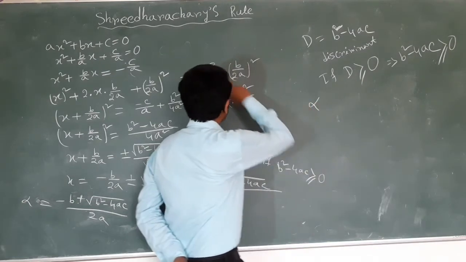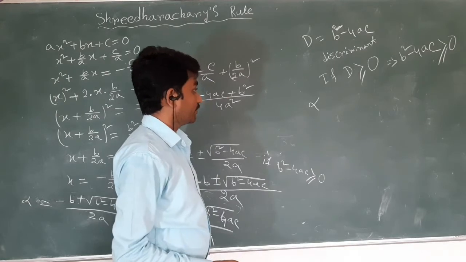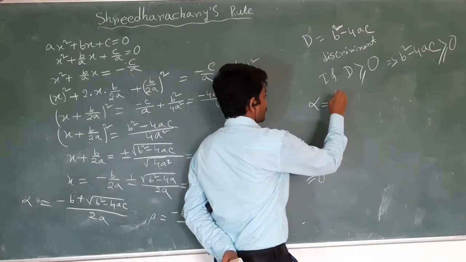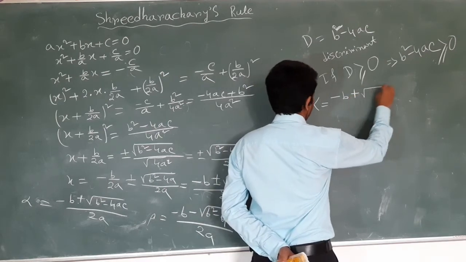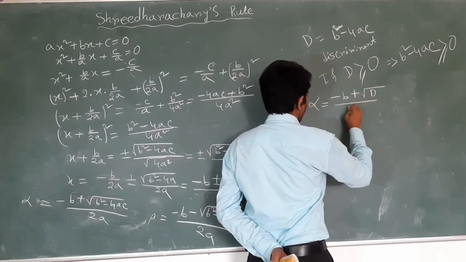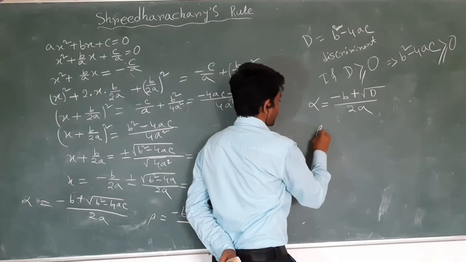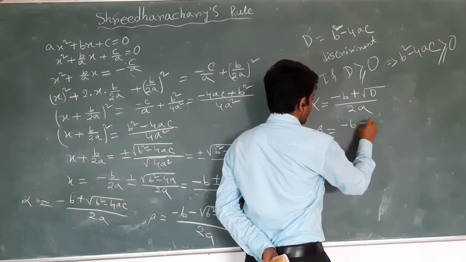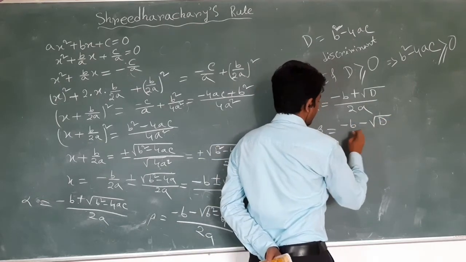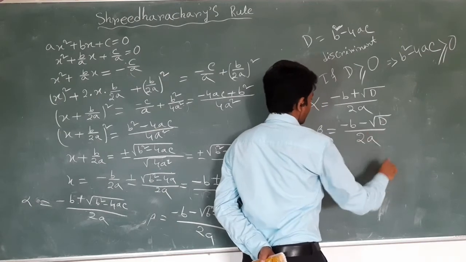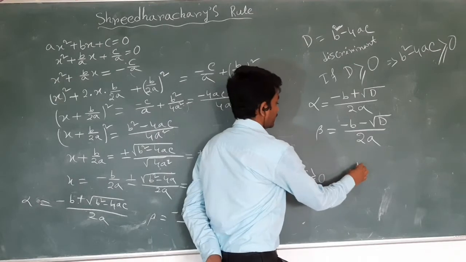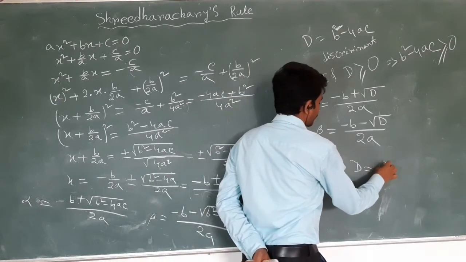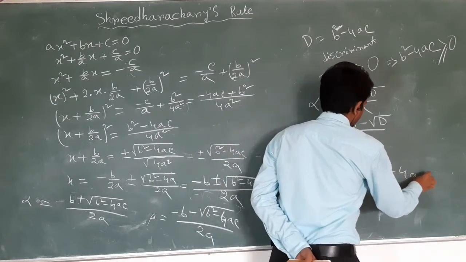The roots of the quadratic equation can be written as alpha equal to minus b plus under root D upon 2a, and beta is equal to minus b minus root D upon 2a. Here D is called discriminant, and its value is equal to b square minus 4ac.